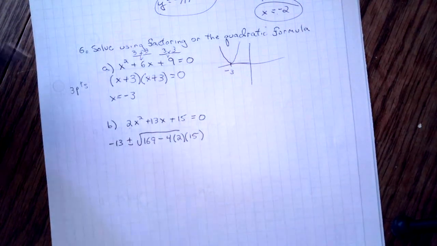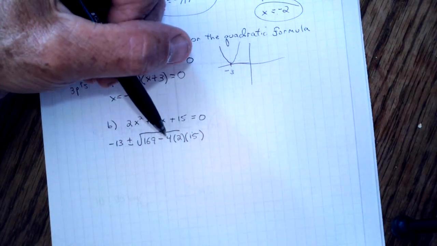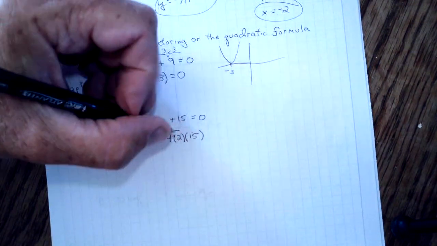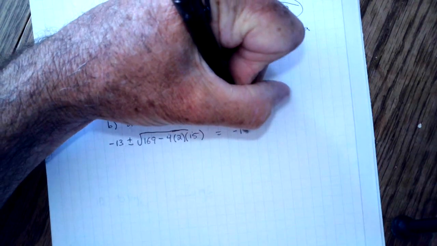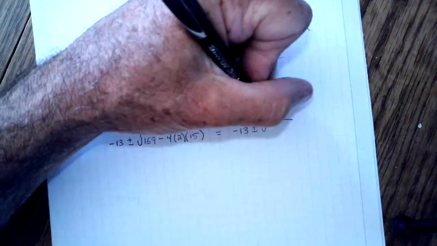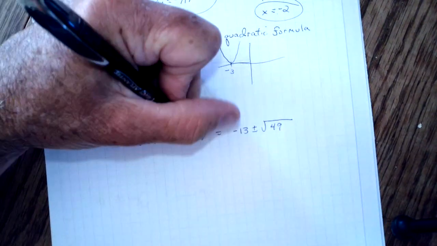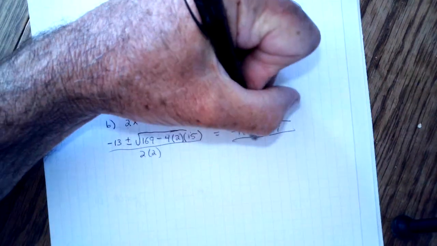Okay, and 2 times 15 is 30. 4 times 30 is 120. So this becomes negative b plus or minus square root of, again, 169 minus 120 is 49. All of that over 2a, which is 2 times 2, which is 4.